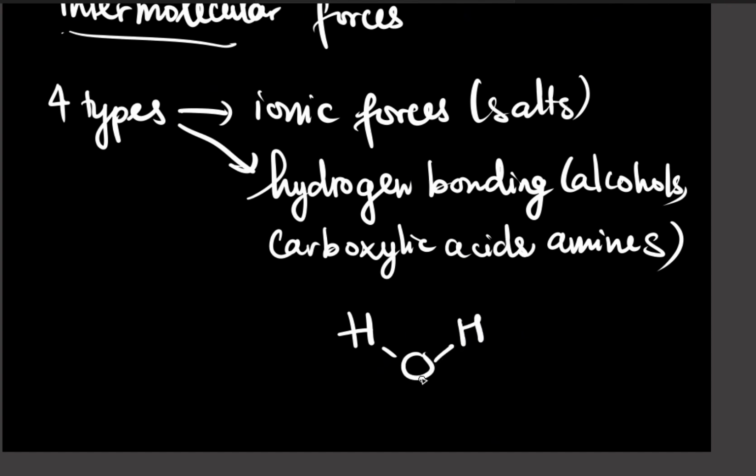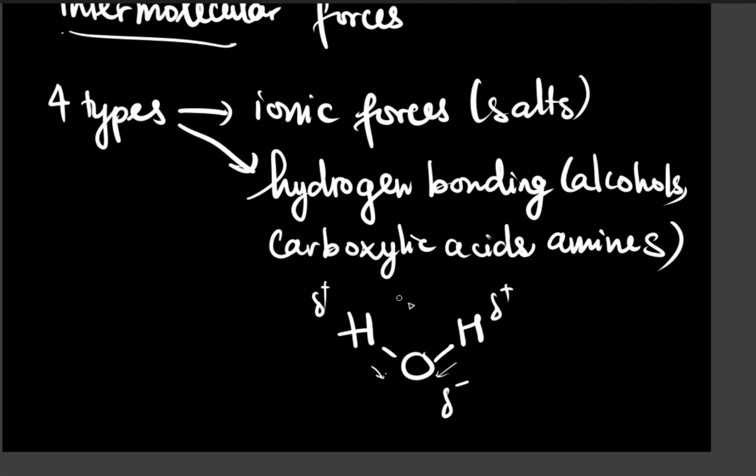We can see that our oxygen atom here is very electronegative. So most of the electrons will gather towards the oxygen atom, so it will have a partial negative charge, and the hydrogen will have a partial positive charge.